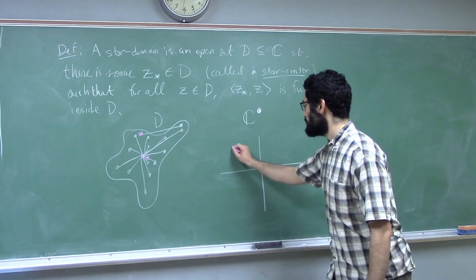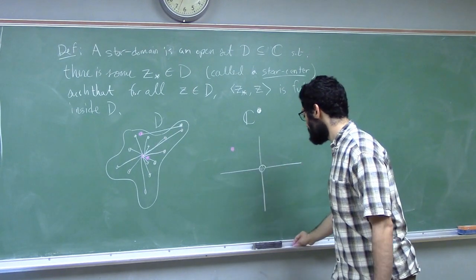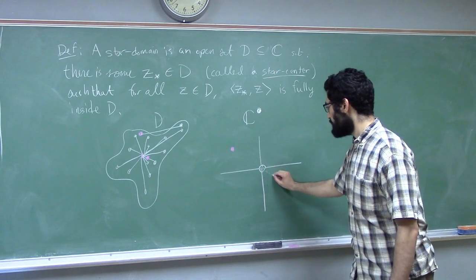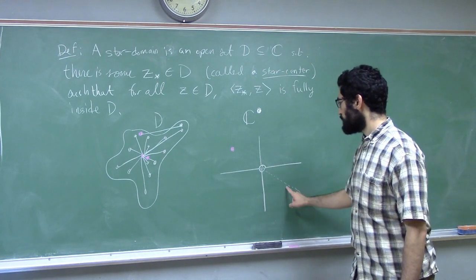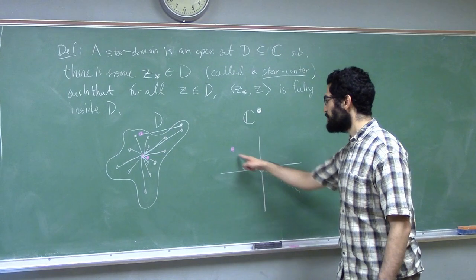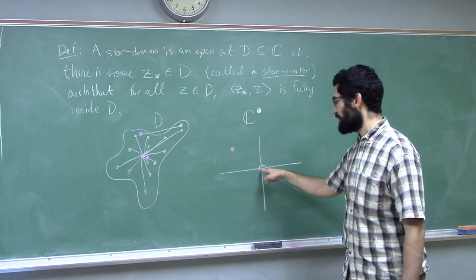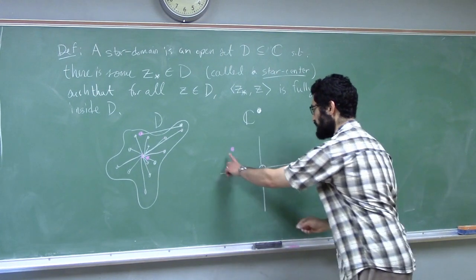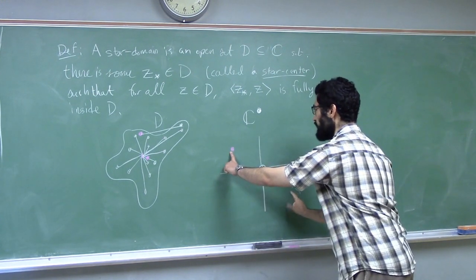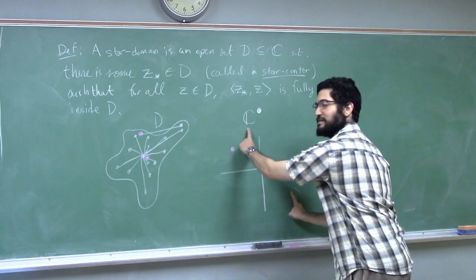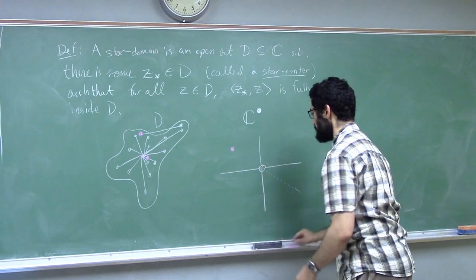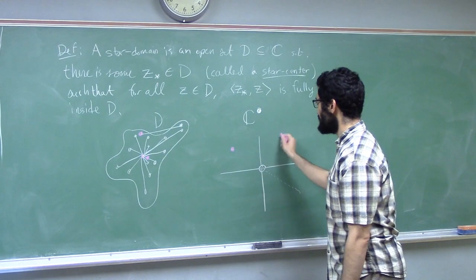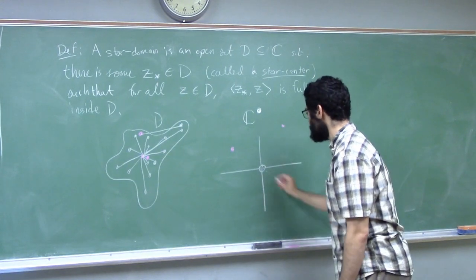So take any point, no matter where I put this pink point, there are going to be some points in C bullet, namely the points along this ray, which are sort of out of view. Their visibility is blocked by this missing point. The line segment joining this pink point to any of the points along this ray does not stay fully inside this set. So this set is not a star domain. Not just because of the failure of this point to be a star center, but because any pink point you pick fails to be a star center.